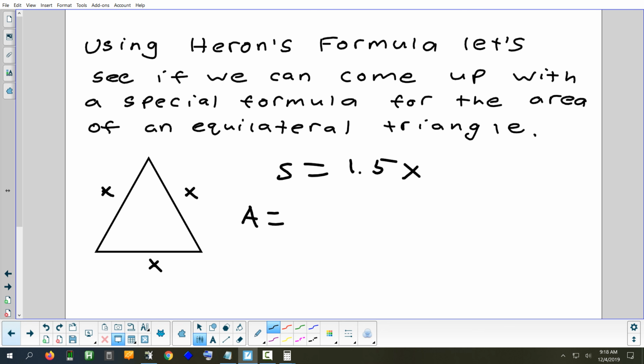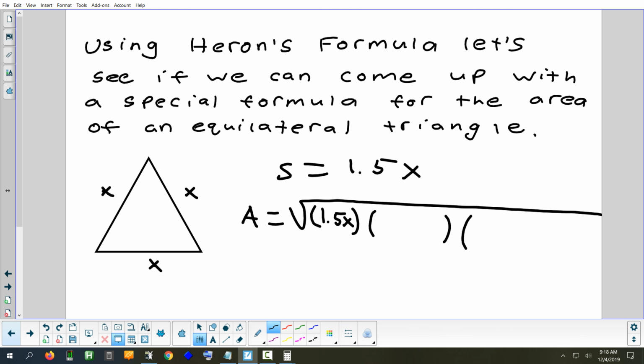Emily, in Heron's formula, what's the first thing we write down, and everything is going to go under this? Square root. Yeah, put the square root. And Grace, what's going to be the first thing under the square root? The 1.5 or the semi-perimeter. Yep, the semi-perimeter. And then it's s minus every side.